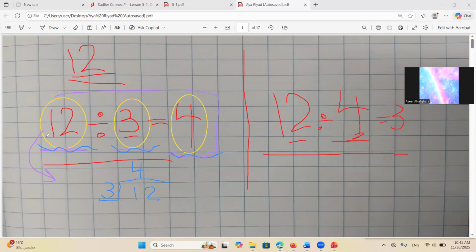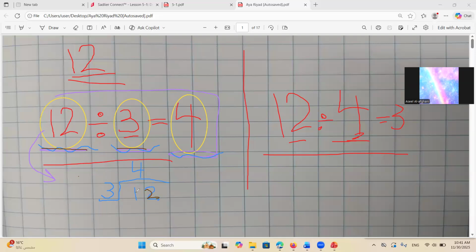Let's remember it like this. The dividend is on the left side, the divisor on the right side, right? According to each other. So in the long division, they will make a switch. The 12 will be on the left side as you see here.